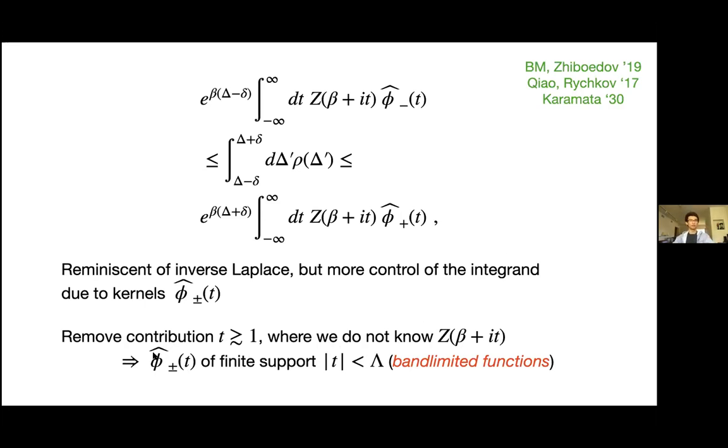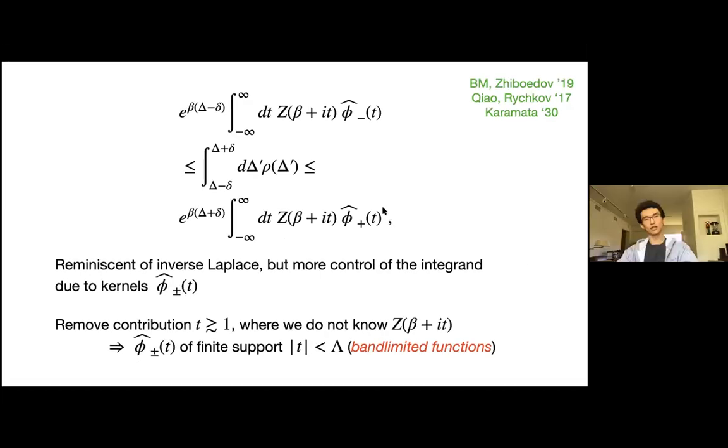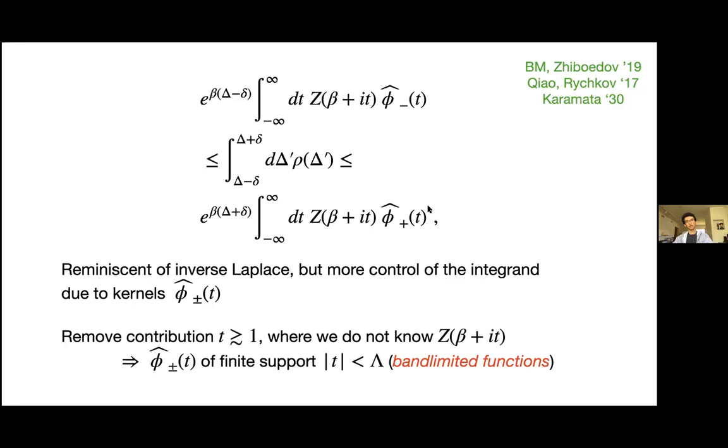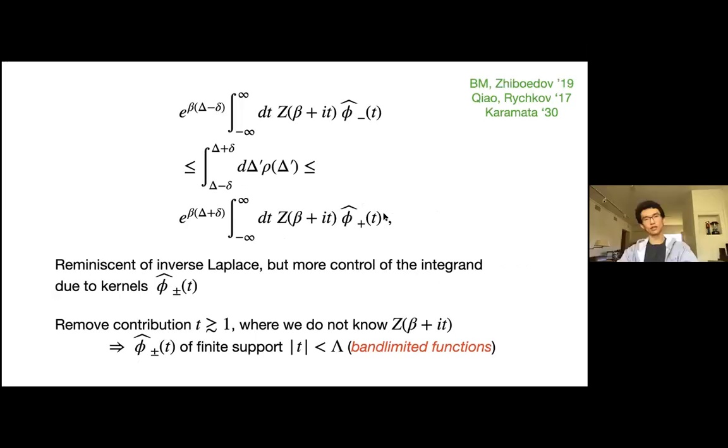And so the functions phi whose Fourier transform has finite support are band-limited functions. It is not necessary to consider other functions as long as you may know some more about this Z. But for now, we'll just see what we can get from this.